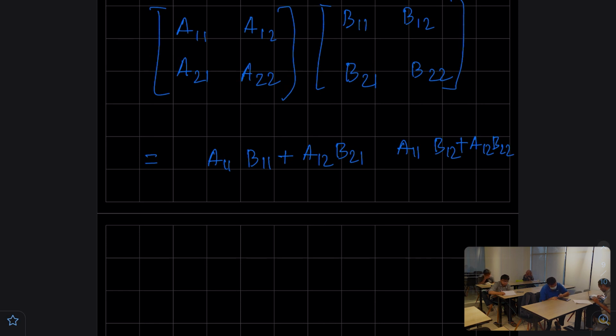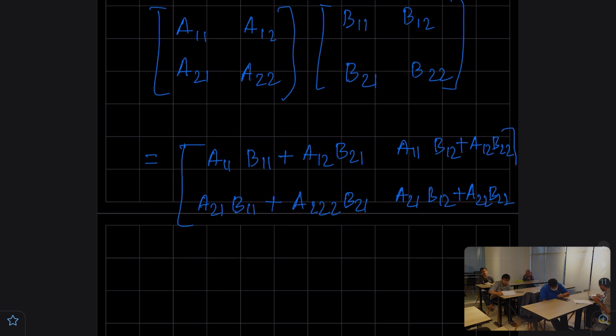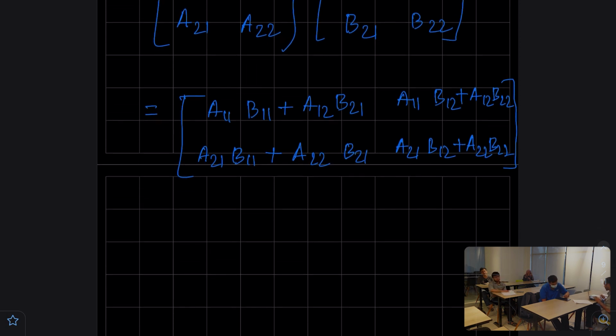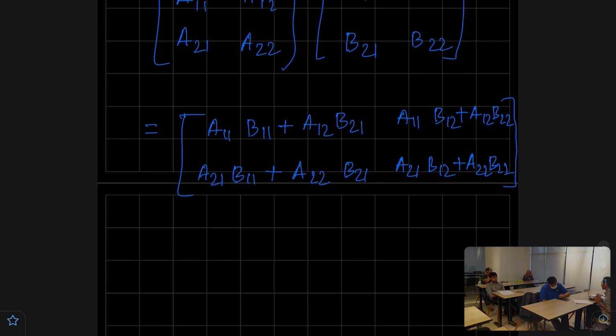Then this is A21 B11 plus A22 B21, and A21 B12 plus A22 B22. This is the matrix multiplication of these two matrices A and B, right? I'm just considering here that this is the matrix A and this is the matrix B.